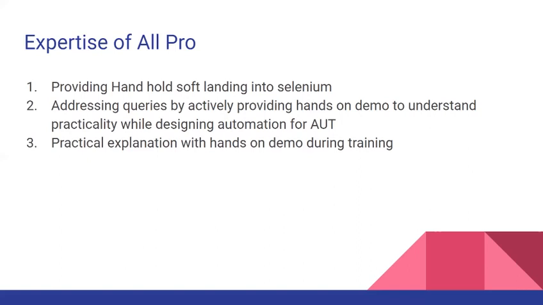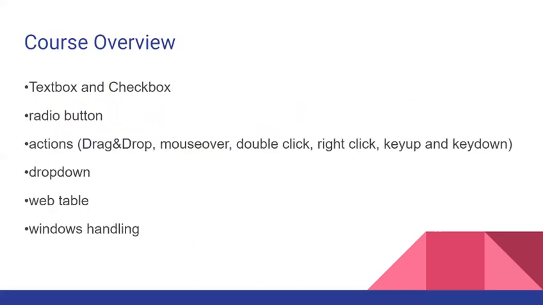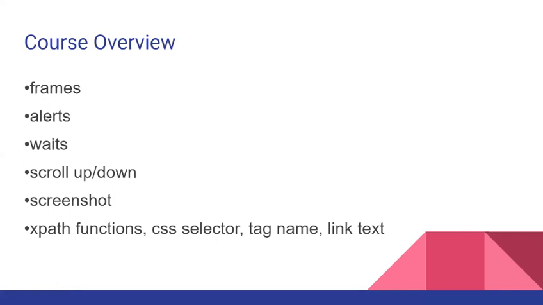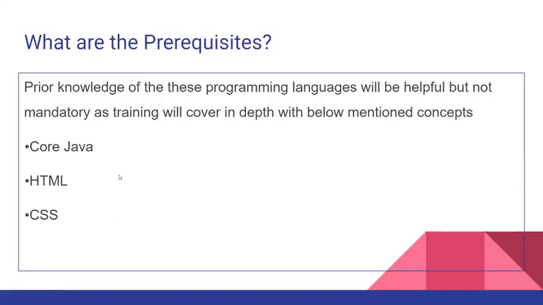There will be query handling sessions during the demo itself, and there will be practical explanation with hands-on during the demo. Now, these are the course overview contents. In web automation we will be handling checkboxes and text boxes, radio buttons, actions such as drag and drop, mouse over, double click, right click, key up, key down, drop down handling, web table handling, windows handling, frames, alerts, waits, scroll up, screenshots, XPath, and those functionalities.